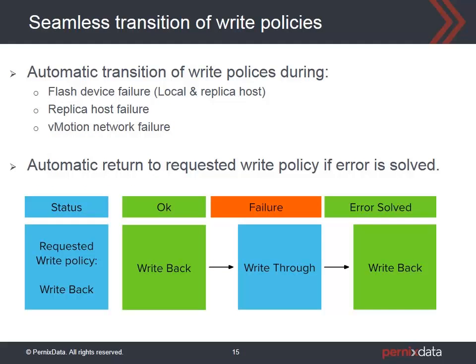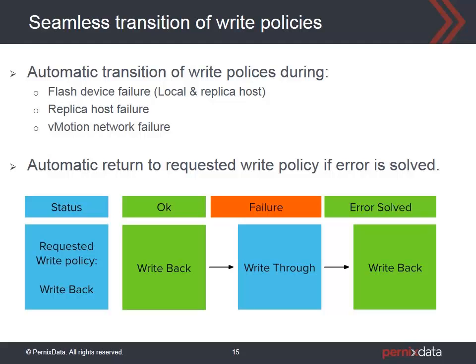So if a flash device fails, local or remote, one of the replicas, or if the vMotion network fails, or if the replica host fails, FVP does 2 things. It does an automatic transition from write back to write through, and it will select a new replica host if something happens with the replica host.